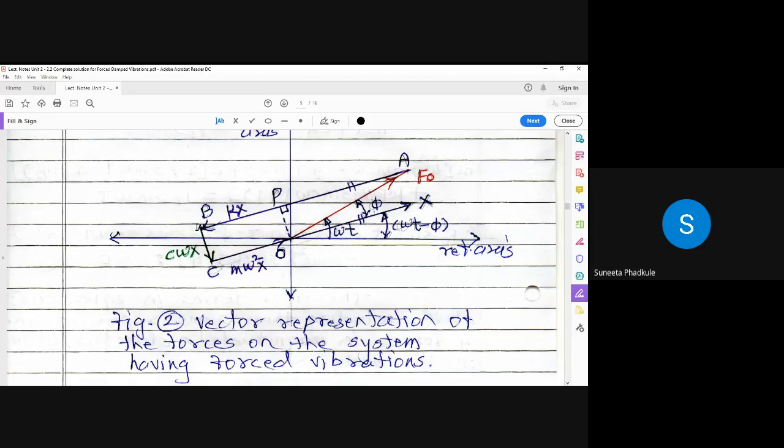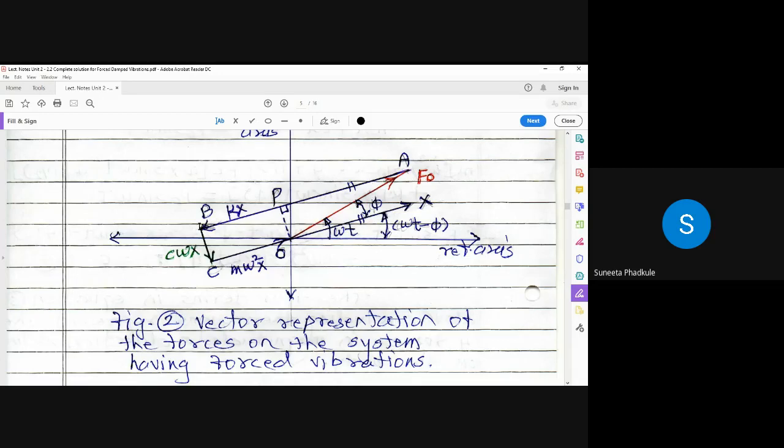If you recall the free body diagram, spring force is always opposite to the displacement. So this is the displacement direction, and spring force will be opposite to it. These two lines are parallel to each other. So this is the force vector FO, and this is the spring vector Kx.